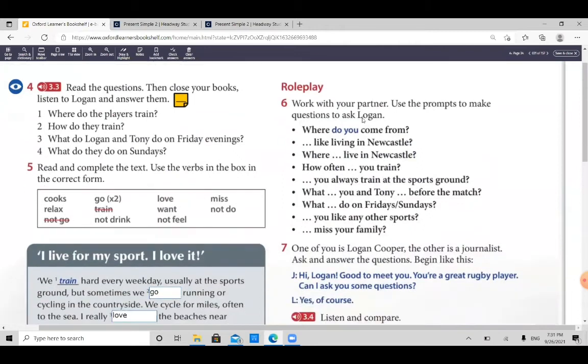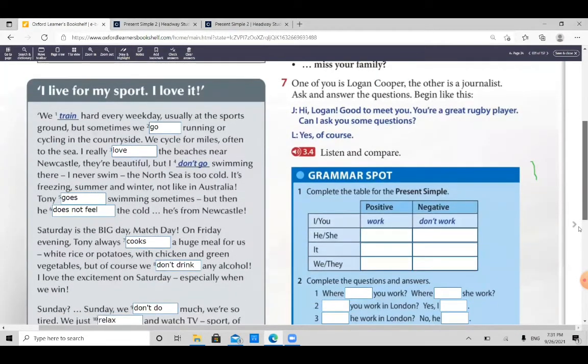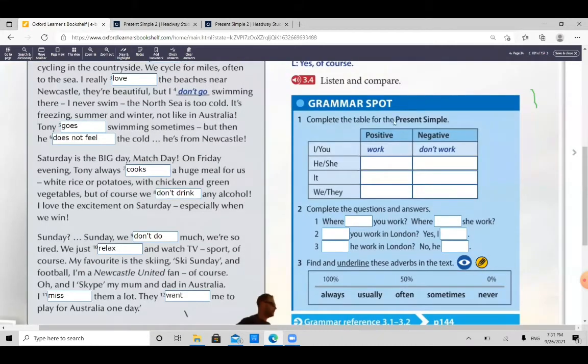Okay, now let's move quickly to the grammar spot. Again, another revision or summary of the present simple. Complete the table for the present simple. Who can fill in the chart for us? Ilaf? He and she works. Excellent. In negative, doesn't work.